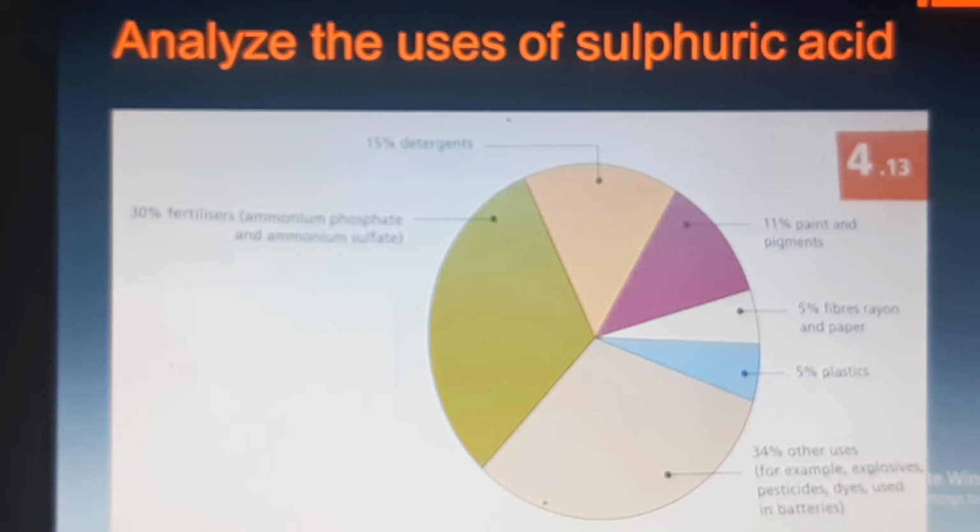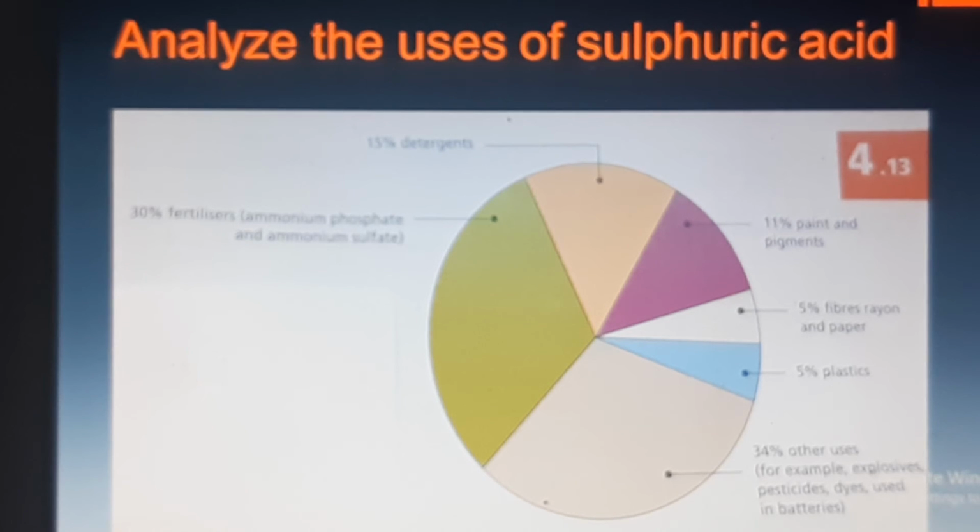We can also see 15 percent, which is used for making detergents. Detergents means soaps, detergents, and cleaning products. The 11 percent is used for paint and pigments. 5 percent is used for fibers, rayons and papers, and the next 5 percent is used for making plastic.